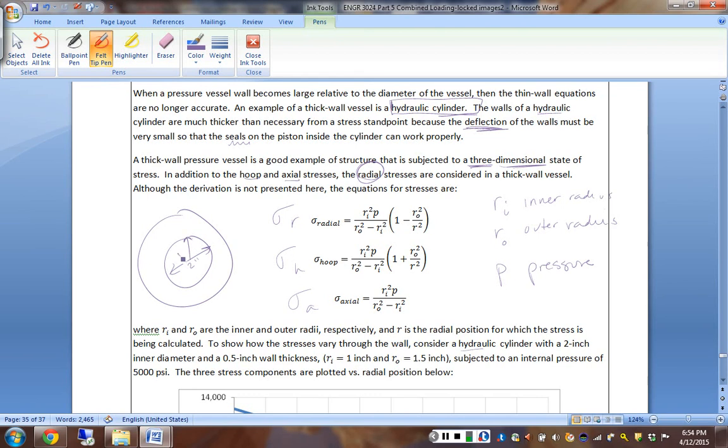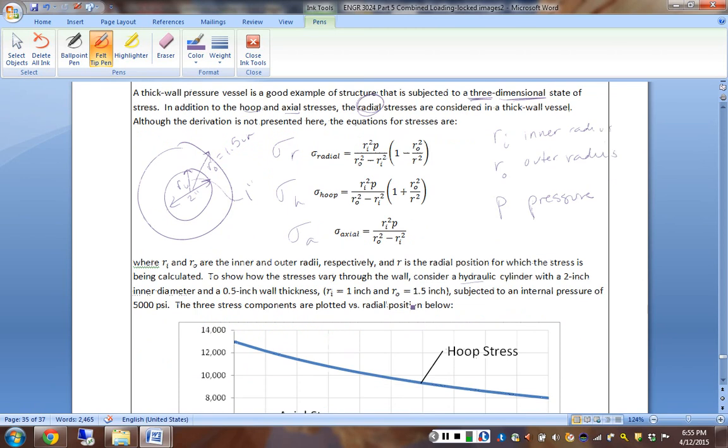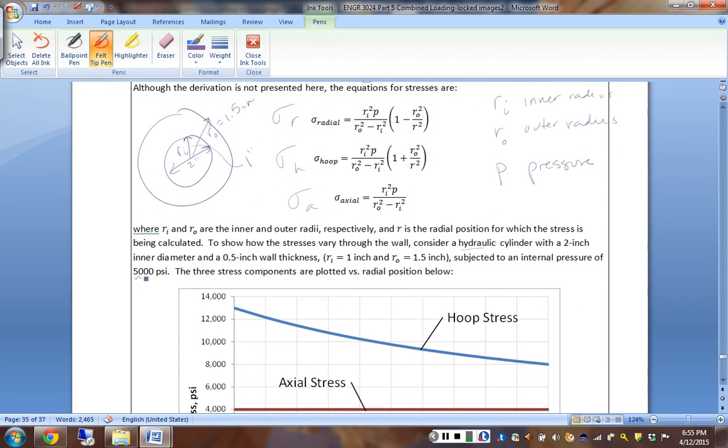Therefore, my r sub I is 1 inch, and if it's a 1/2 inch wall, then my r sub O, the outer radius, is 1.5 inches. Okay, we've got an internal pressure of 5,000 psi.